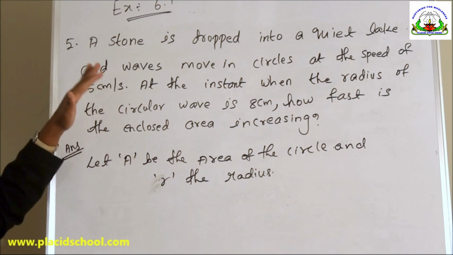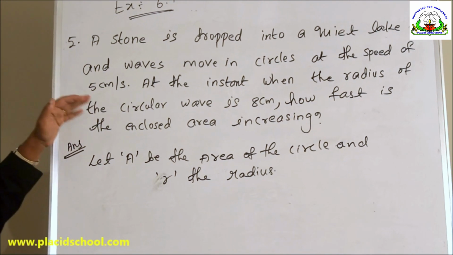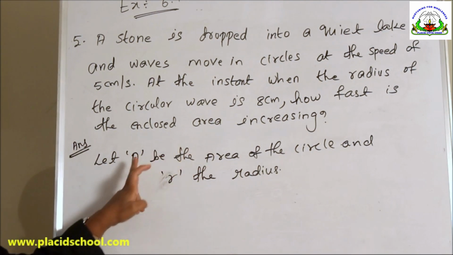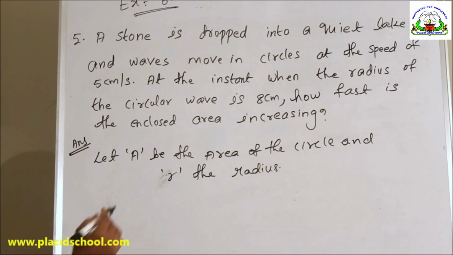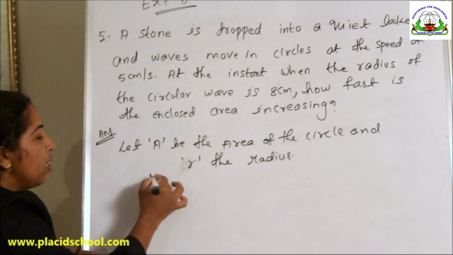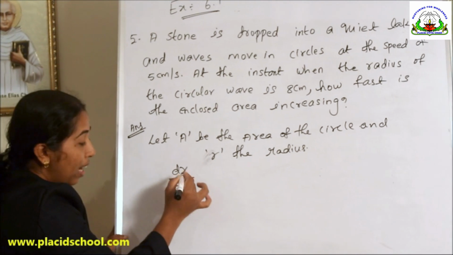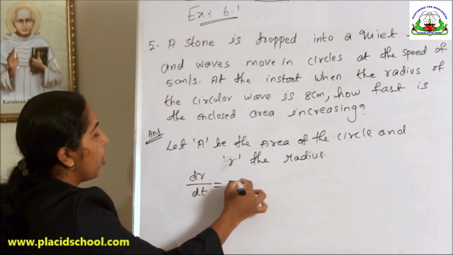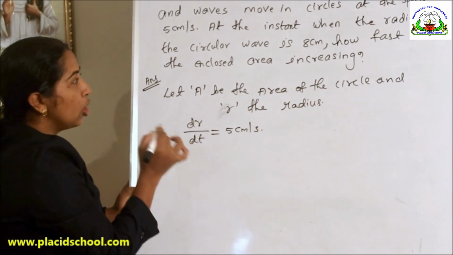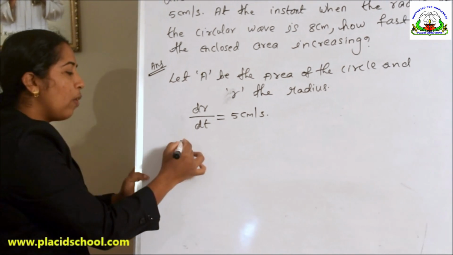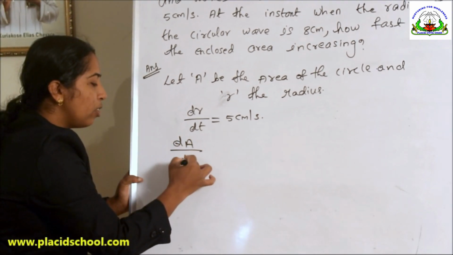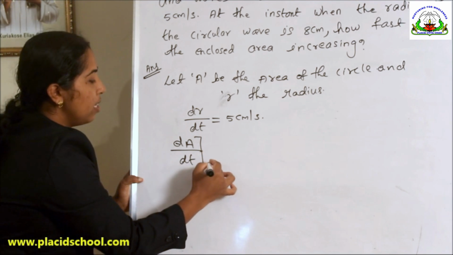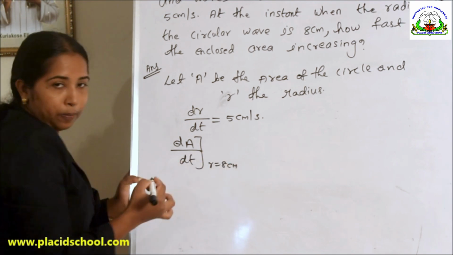The waves are moving, that means the radius is changing. Let area of the circle be capital A and let r be the radius of the circle. According to the given question, rate of change of radius with respect to time is 5 centimeter per second. The question is to find the rate of change of area with respect to time when radius is 8 centimeter.